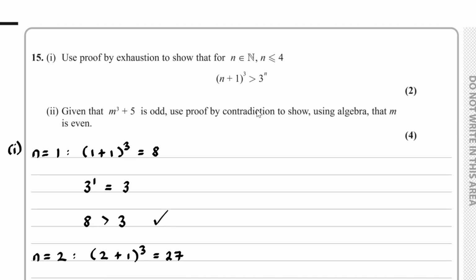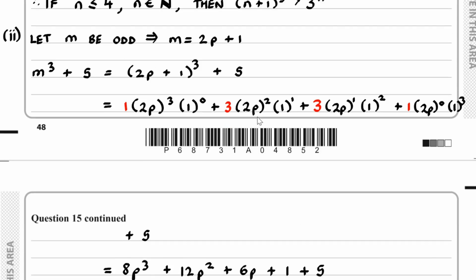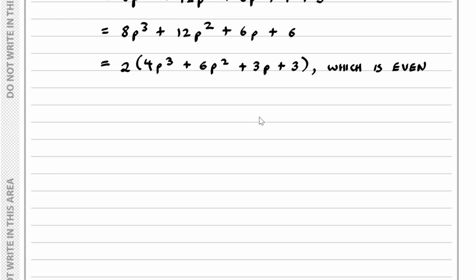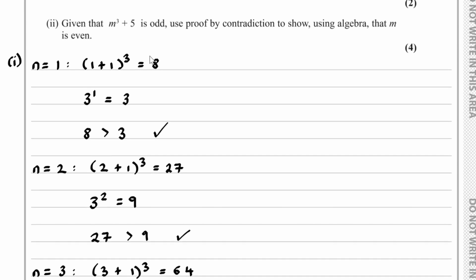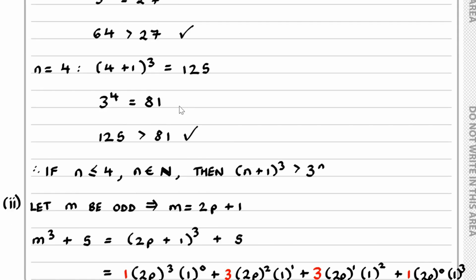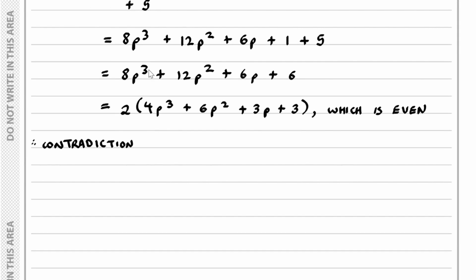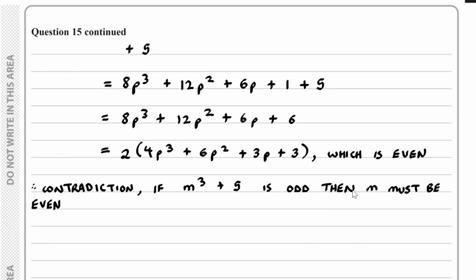Because we've got some sort of a contradiction, what we can therefore conclude then, well, if you think about it, we've just shown that m cubed plus 5 is even, despite being told it's odd. So, contradiction. If m cubed plus 5 is odd, then m must be even. So this is the concluding step.